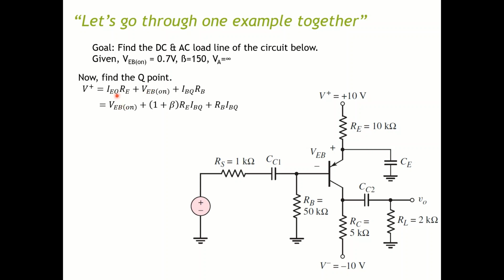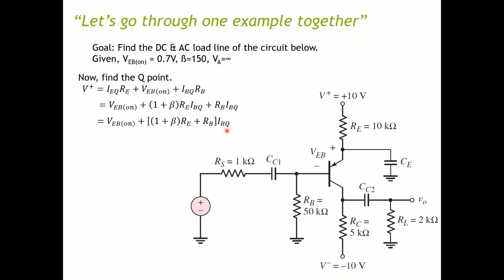Now what you want to do is move this one here for IEQ, basically the quiescent point emitter current. You convert that into IBQ using the equation IEQ equals (1 plus beta) IBQ, that ratio 1 plus beta for emitter and base. Then you factor out IBQ in here.